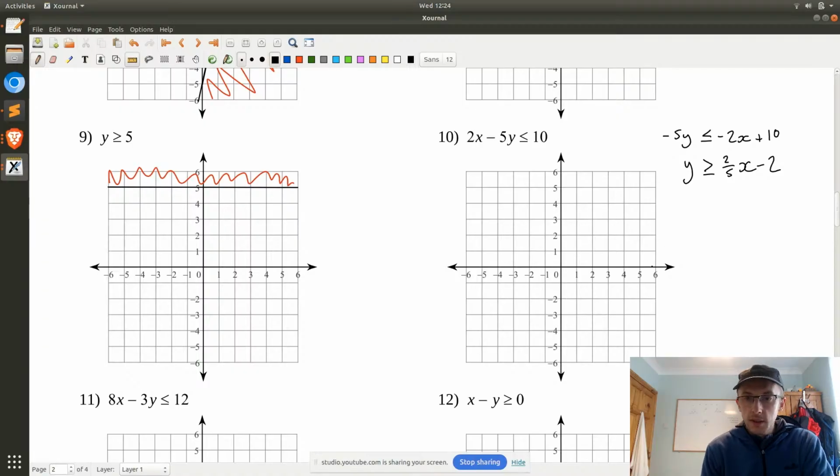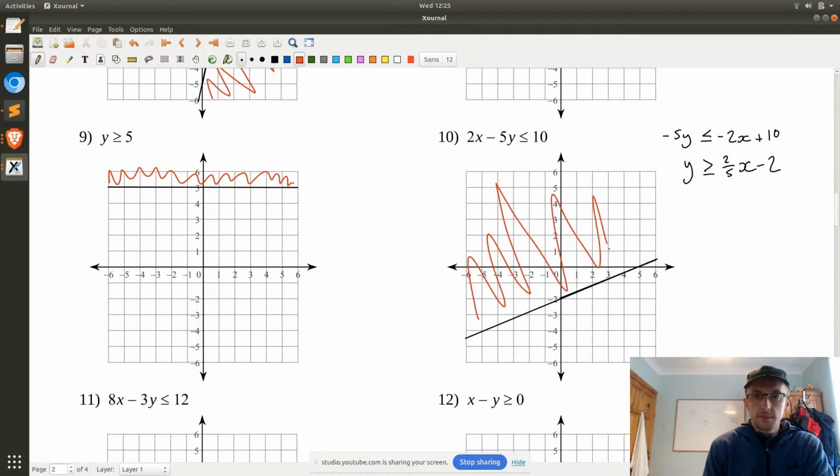Graph it. Input 0. 0 take 0. Is that less than 10? Yes. That side.